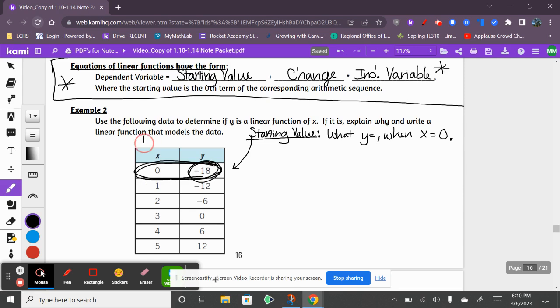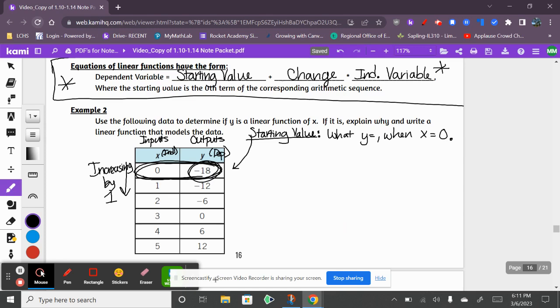These on the left are your inputs or your independent variables. On the right, these are your outputs or your dependent variables. You can see that the inputs are increasing by 1, so we can use that to find our change.